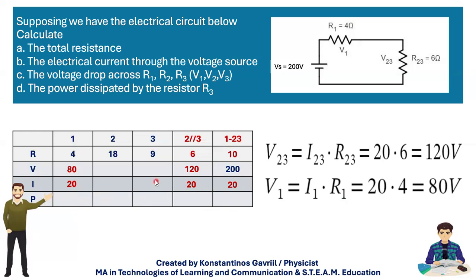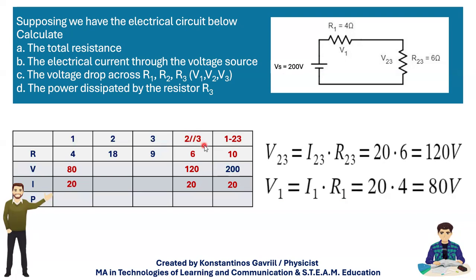Now, how am I going to fill these cells? I have only one value here and one here. I want to have two somehow. Now I'm going to get information from this packet of resistors, 2 parallel to 3.